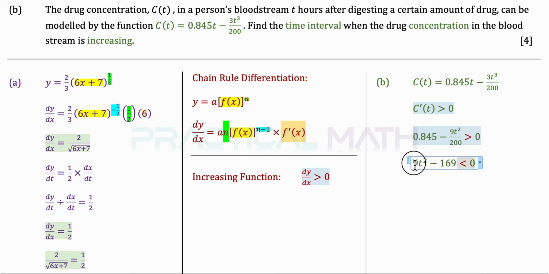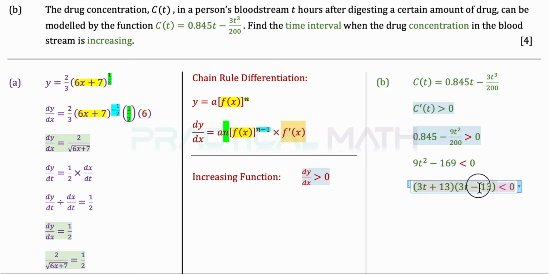This is in the form of a squared minus b squared, so we will need to factorize using the special algebraic identity, which is (a plus b) times (a minus b). We will therefore have (3t plus 13) multiplied by (3t minus 13) less than 0.